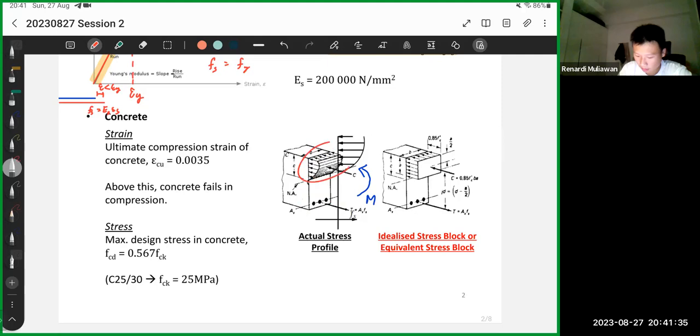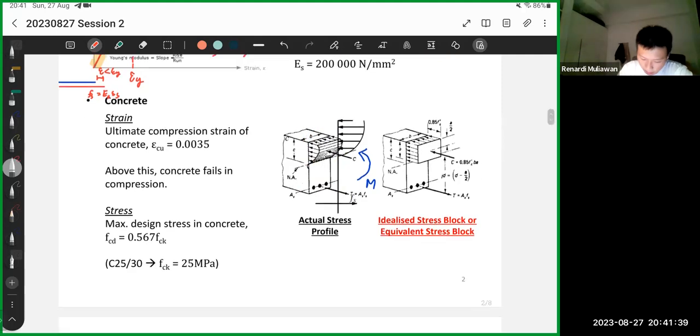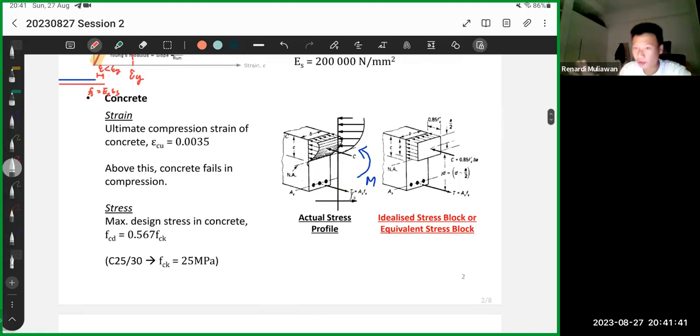While for this one, they have a graph. Unlike steel, there are no two cases. It's always 0.0035. This is the failure in compression for concrete. If you compress the concrete and it reaches 0.0035, it just crushes.